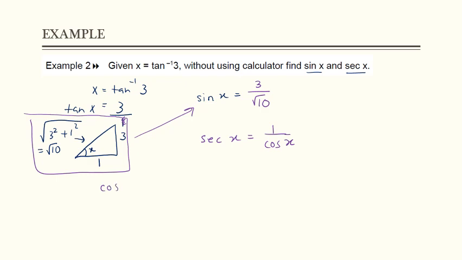So cos x equals 1 over square root 10. So secant x equals 1 over 1 over square root 10, which is square root 10. So you see, we did not use a calculator.